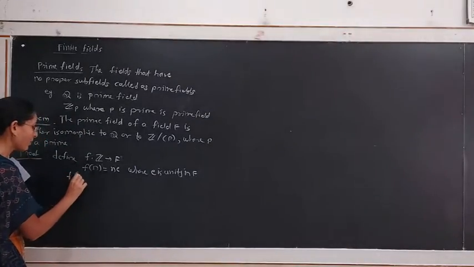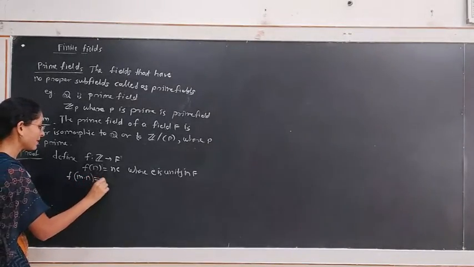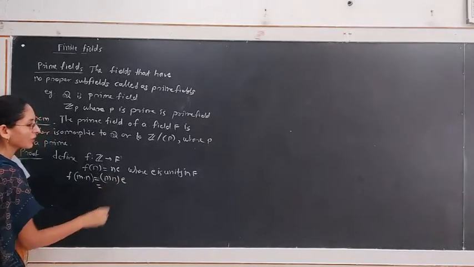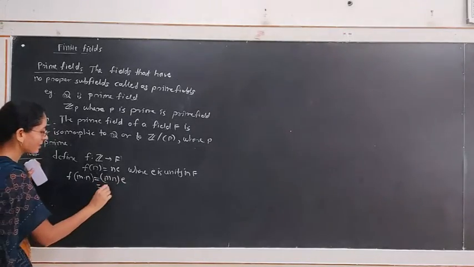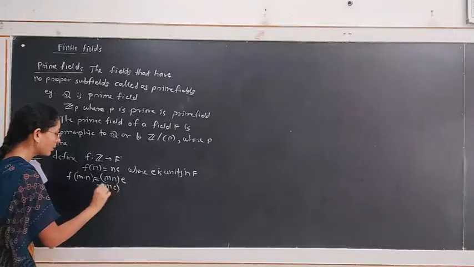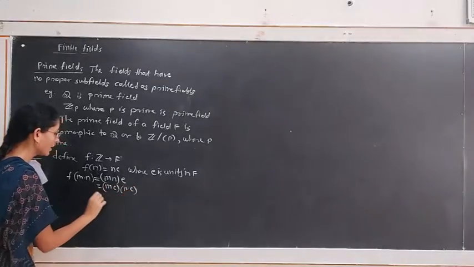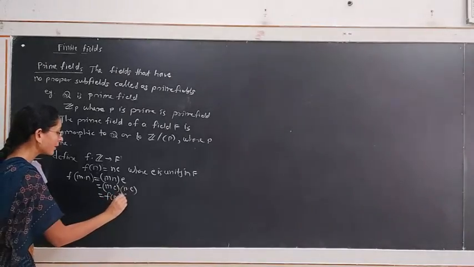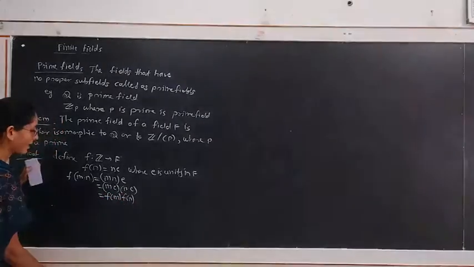If we consider f(m·n), we get m·n·e. Because e is unity, we write this as (m·e)(n·e), which is equal to f(m)·f(n). Hence, f is a homomorphism.